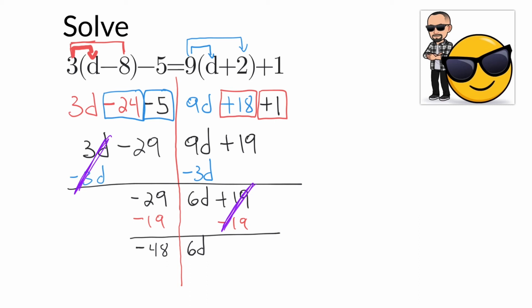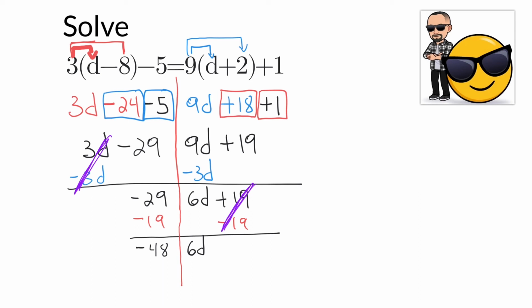The third big idea, isolate the variable. So you look at the variable 6d, in the middle we don't have anything, we don't have a plus or a minus, so by default this is multiplying 6 times d. So to isolate, to get that d by itself, I need to do the opposite of what's happening with the 6 and the d.